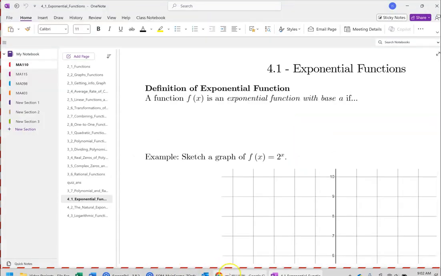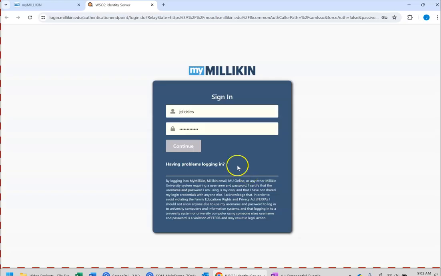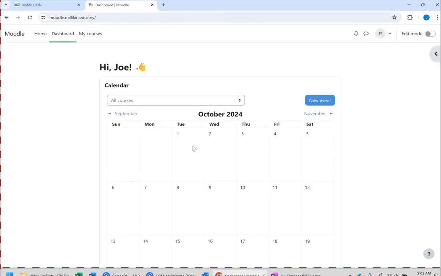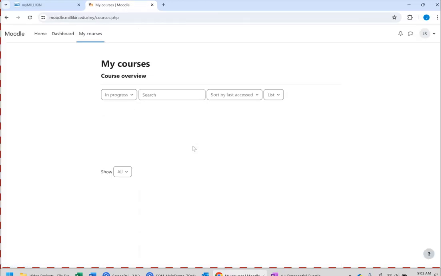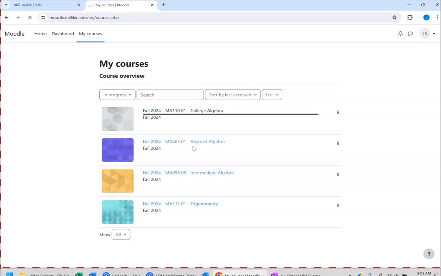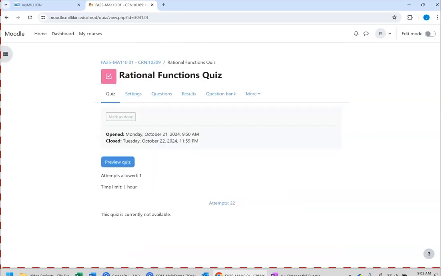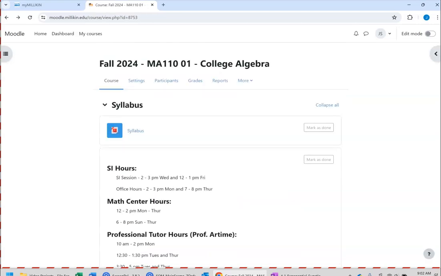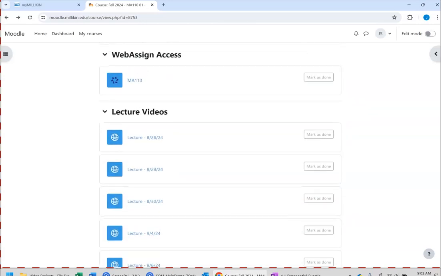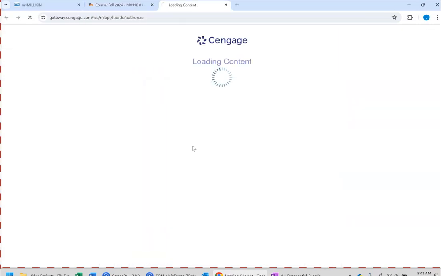See if I can get to that real quick. On 3.7? Yes. Okay. That's not what I wanted to click on. That's what I wanted to click on.